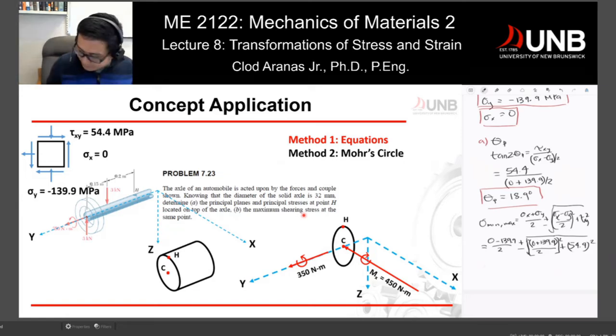And that would give you a value of negative 69.95 plus minus 88.6.